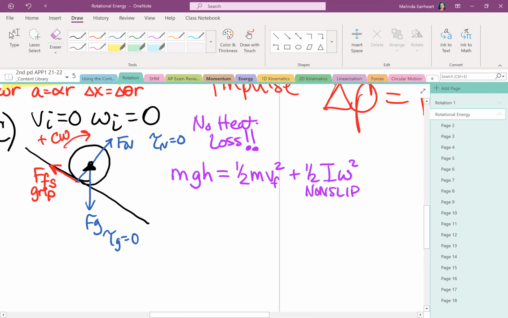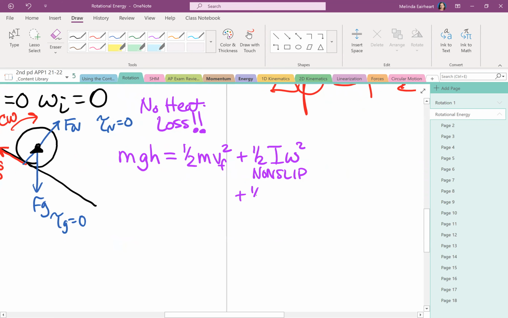So we get to plug in something for omega, okay? And so I'm going to go ahead and plug in kmr squared for the inertia. I know they gave us the shape constant, but just pretend they didn't. I don't want you to confuse the 1/2 in the kinetic energy equation with the 1/2 shape constant on this problem. Now, what can we plug in for omega squared?